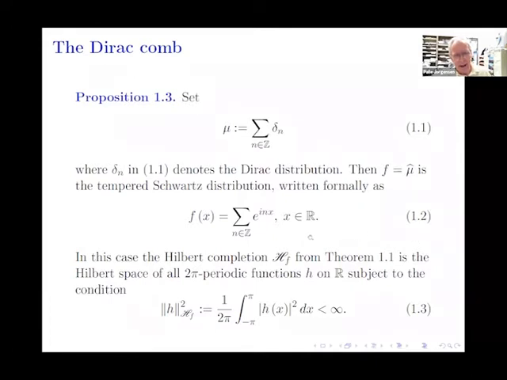And then the isometry that I talked about here translates into what we learn in kindergarten about Fourier expansions for L2 functions on a periodic interval. So that's equation number 1.3. So our purpose here is to imitate that kindergarten stuff for more general singular measures.